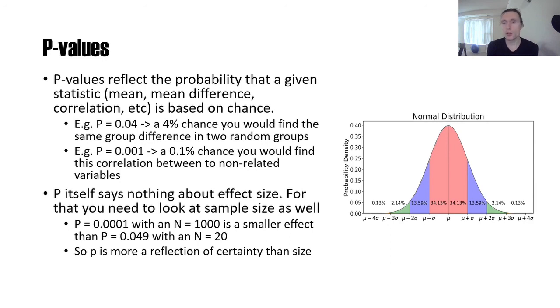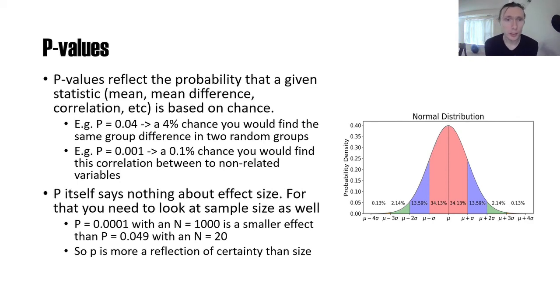So if your p-value is very small, then in your normal distribution it is very far to the right or very far to the left, which means that the chance of randomly picking a value within this normal distribution that is very, very high or very, very low is very, very small. That's what a p-value represents.